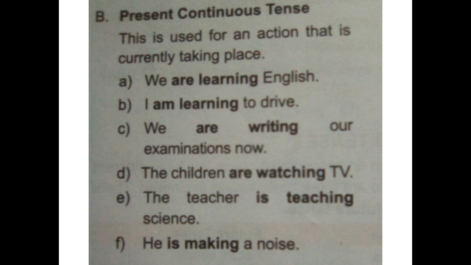Under the verb to be, we have is, are, am for the present, was, were for the past auxiliaries, when you are referring to something that has happened.